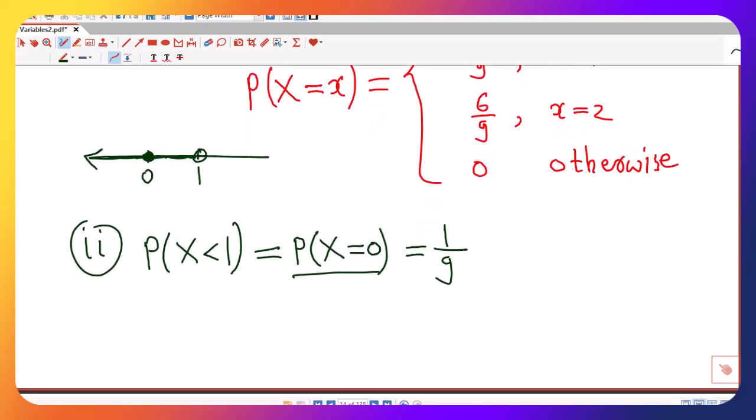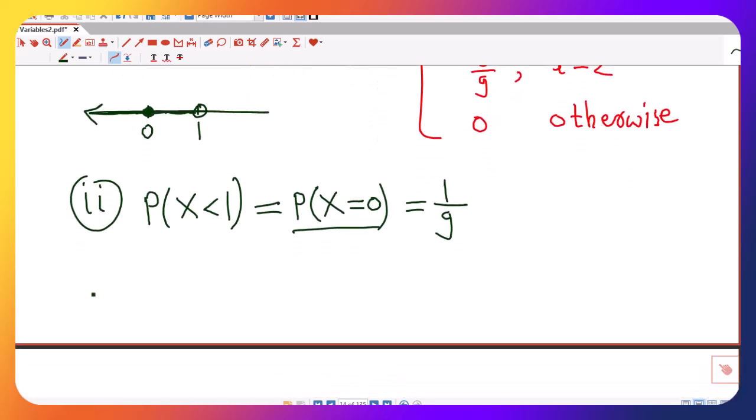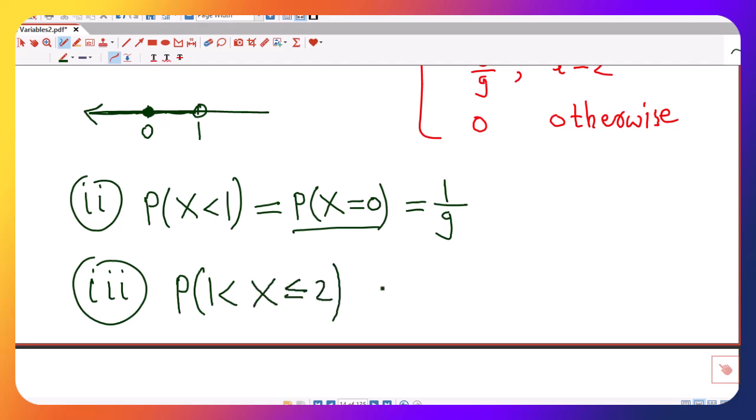Now what is the second probability? That is the probability that x lies between 1 and 2. Here we have to include 2 because we have less than or equal to, and we have to exclude 1.